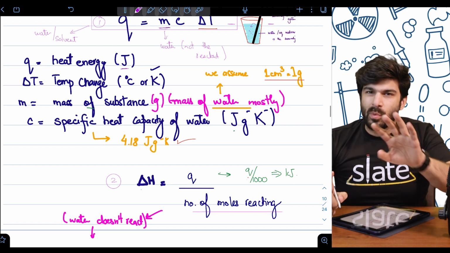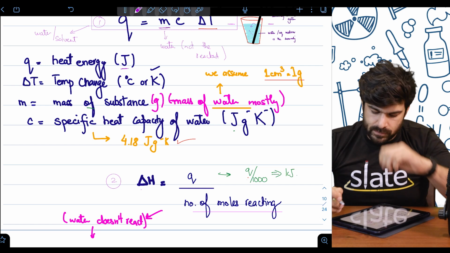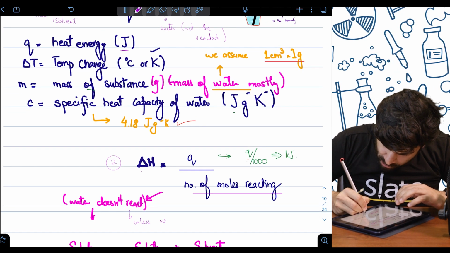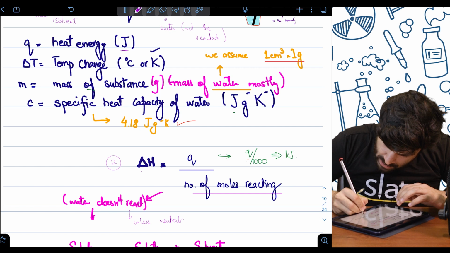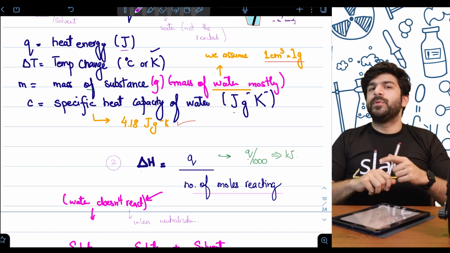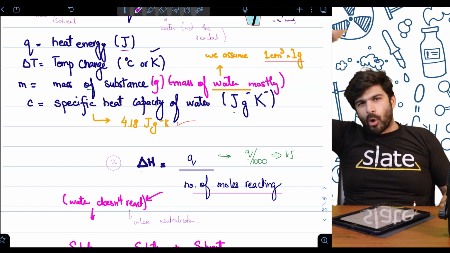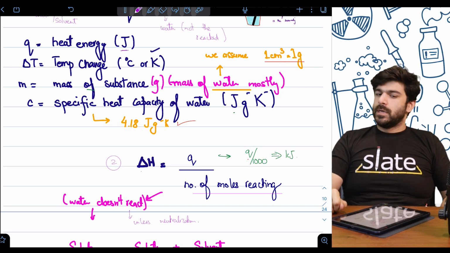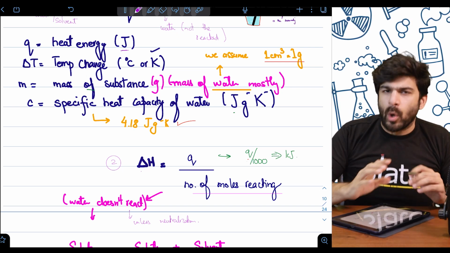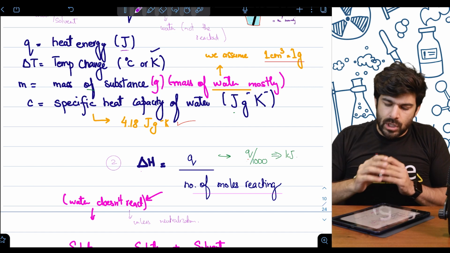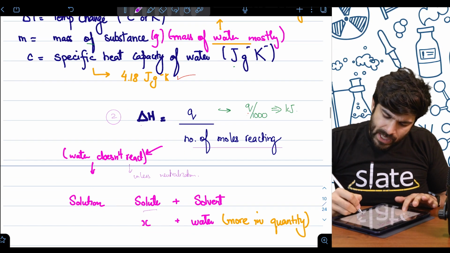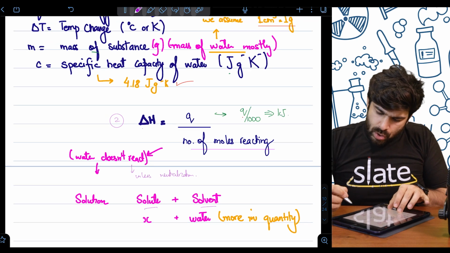Remember one thing, water does not react unless it is neutralization. Because in neutralization we talk about 1 mole of water. In other cases, water is just a solvent. So water does not react. Remember, a solution has a solute and a solvent.